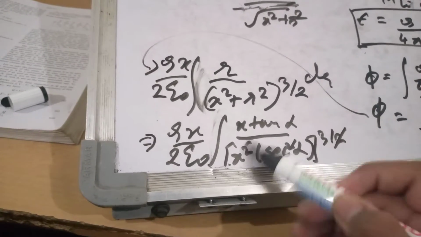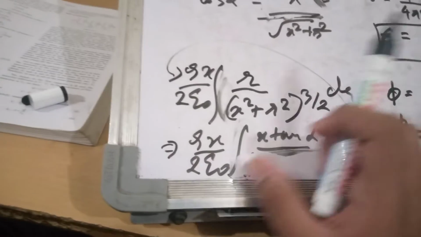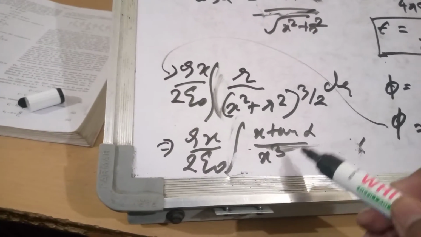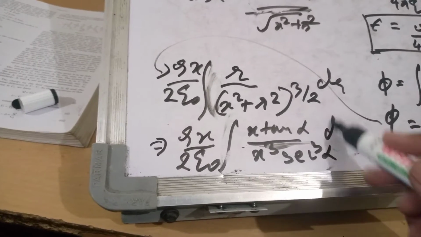So this all will get cancelled, and it can be equal to x cube sec cube alpha dr.